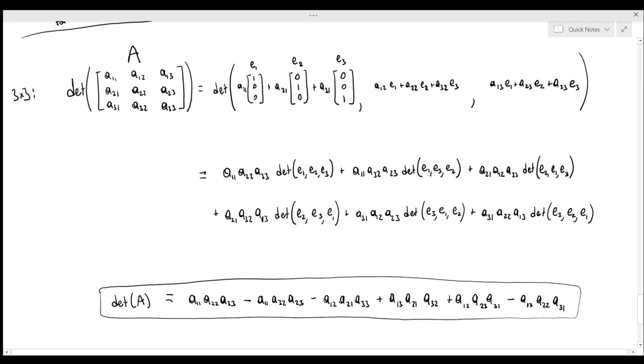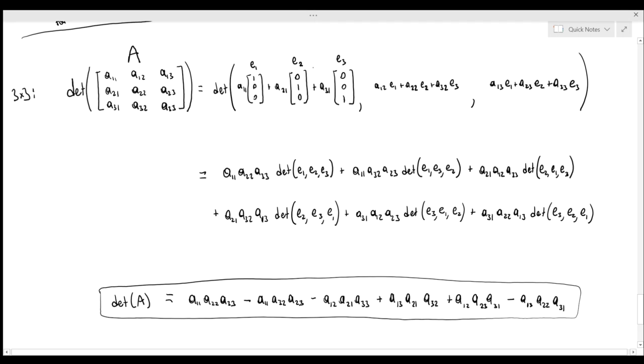Then if we take A21 with E2, I can distribute it to the A12 E1, and then the A33 E3. That's another non-zero term.